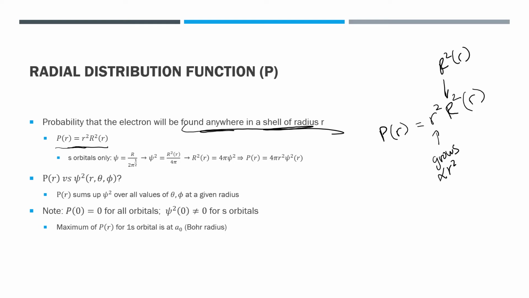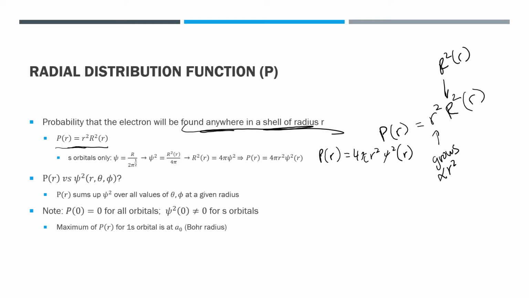For s orbitals only, if we do the math and solve for P of r, we can also represent P of r as 4 pi r squared times the wave function squared of r. Why does this make sense? With s orbitals, our wave function is spherically symmetric.